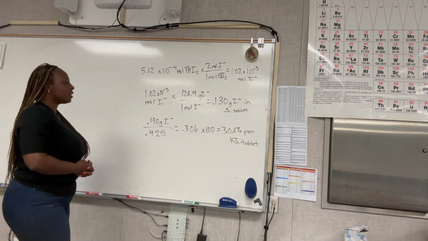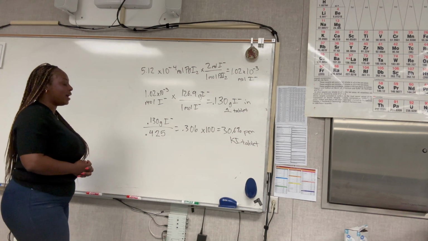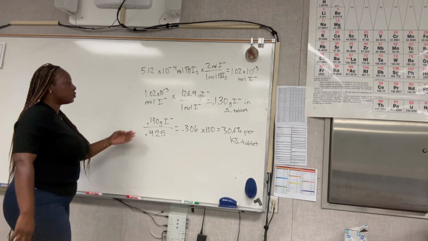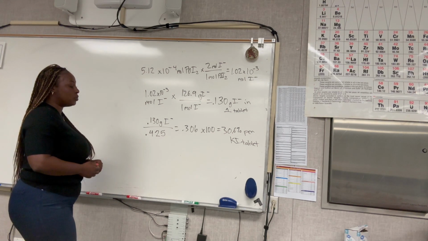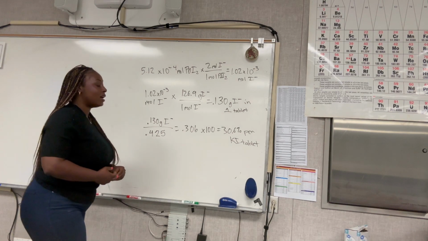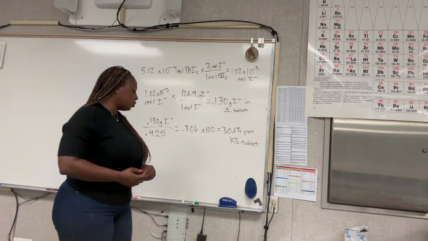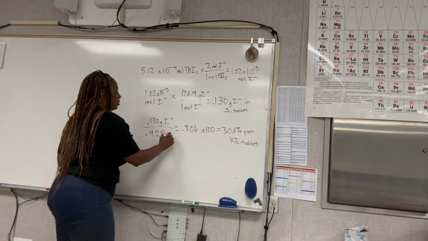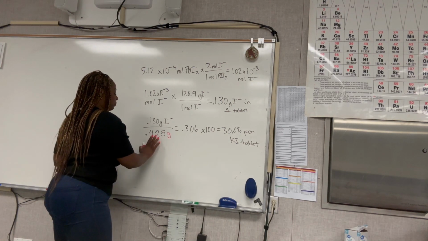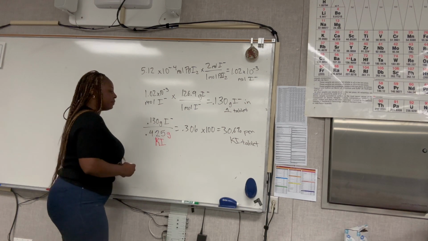So now that I know that, I can figure out the mass percent. So the 0.130 grams of iodine divided by the 0.425 grams, that is the total mass of the potassium iodide tablet.